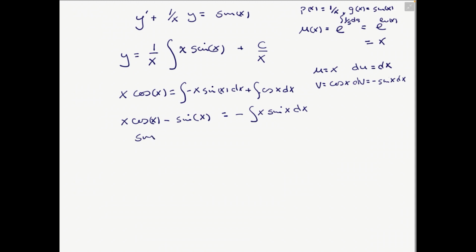And now with the negative sign, we got sine of x minus x cos x equals x sine x dx.